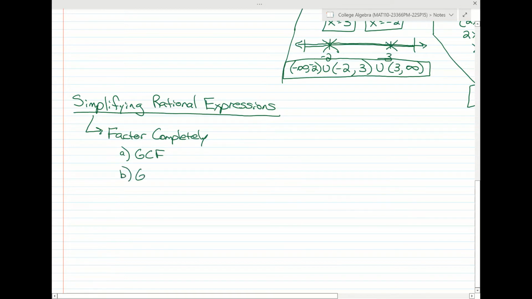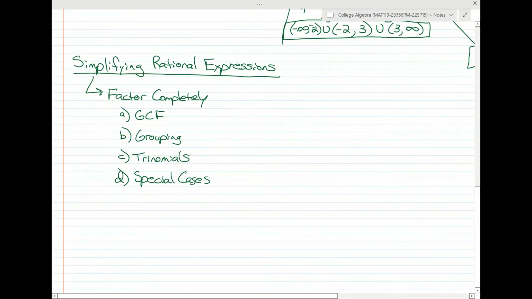We also talked about grouping, trinomials, and special cases. That's the first thing we want to do, is factor completely.